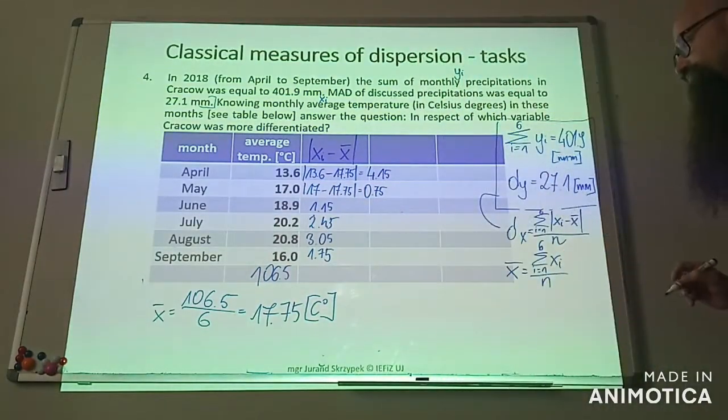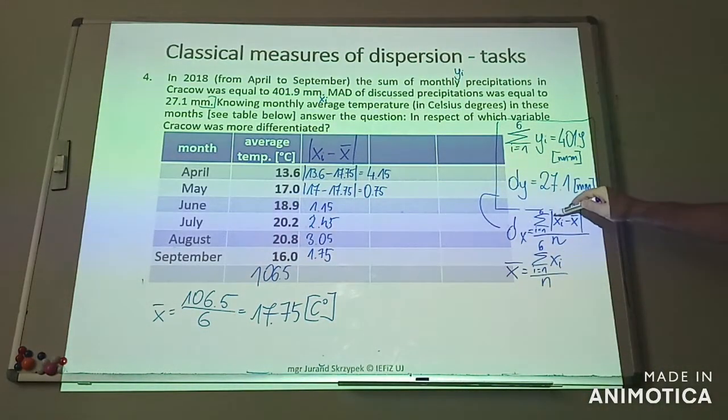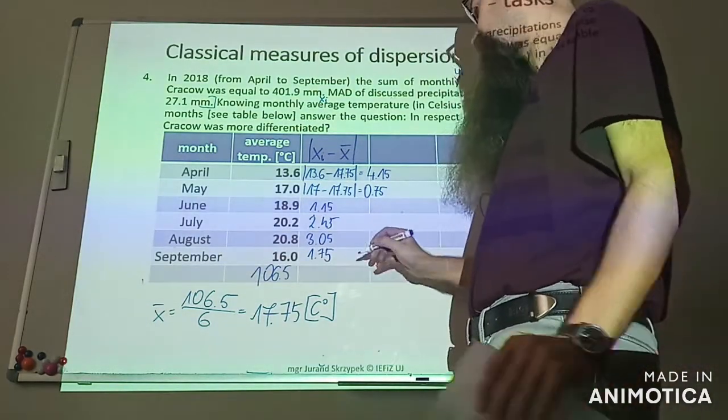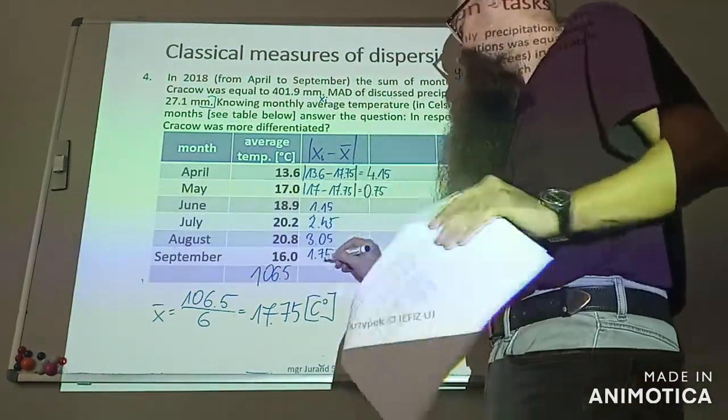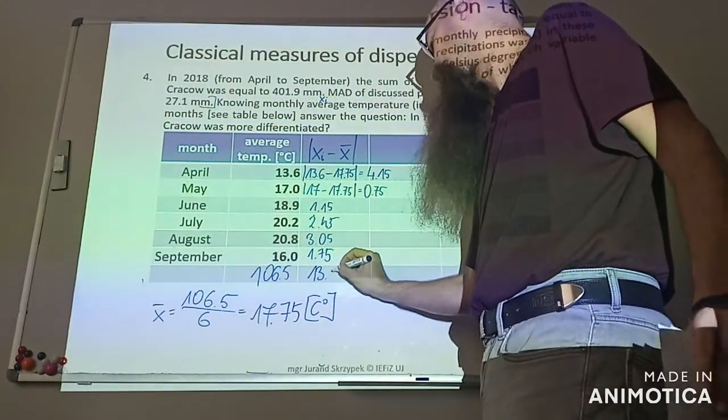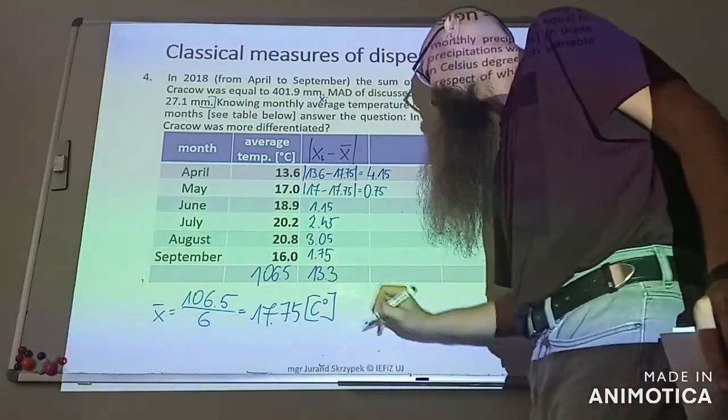All right, so I have computed all modules. Now I am able to compute the sum of all modules. The sum of the modules is 13.3.